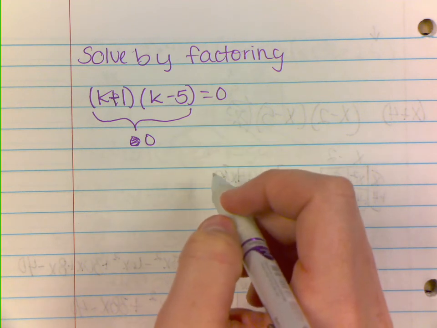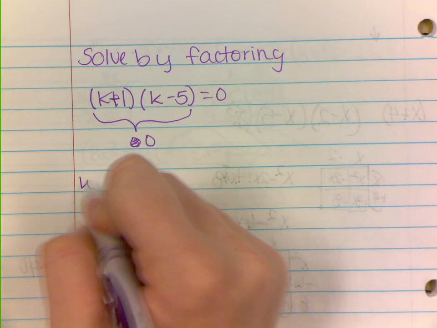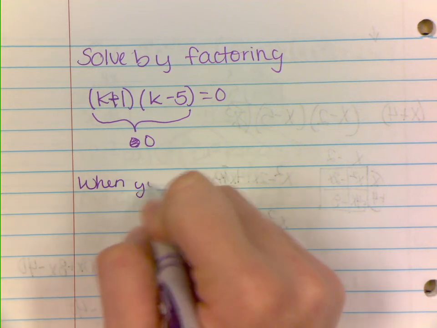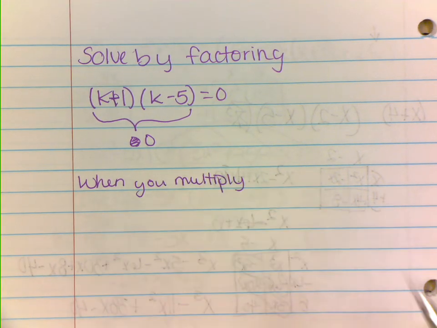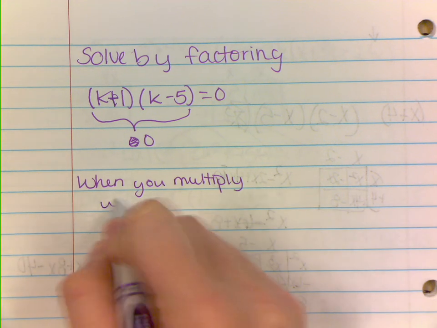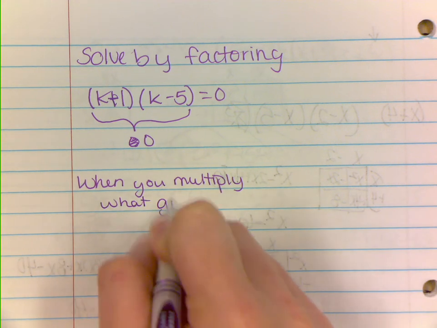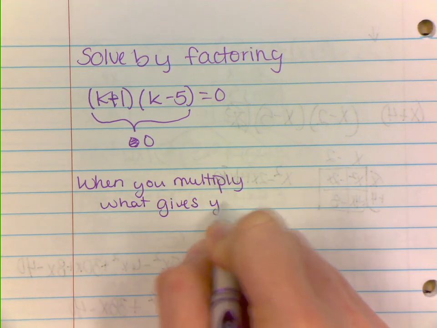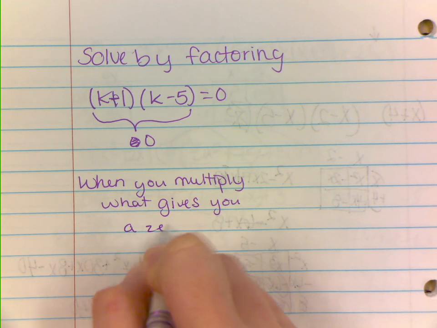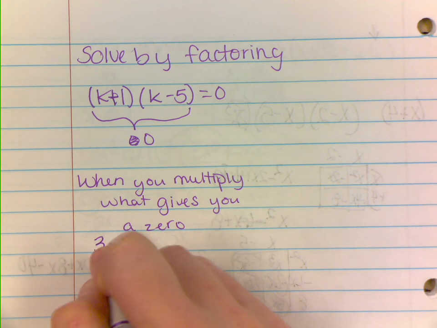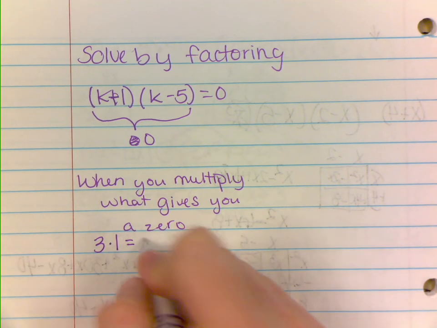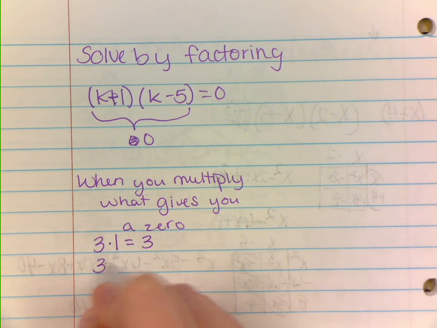Now, when you multiply, what gives you 0? So when I multiply, do I multiply by 1? What's 3 times 1? 3. What's 3 times 0?